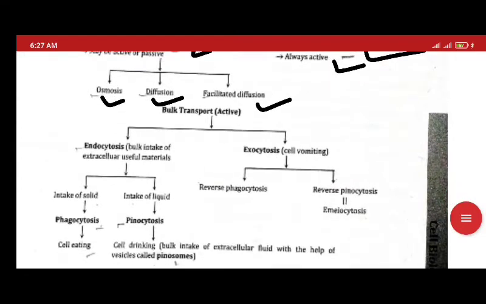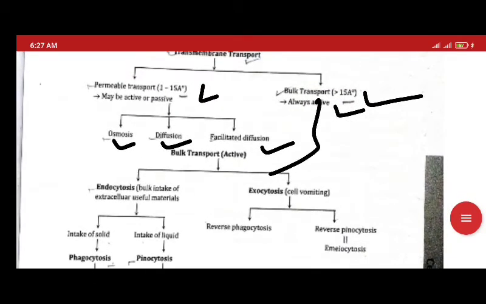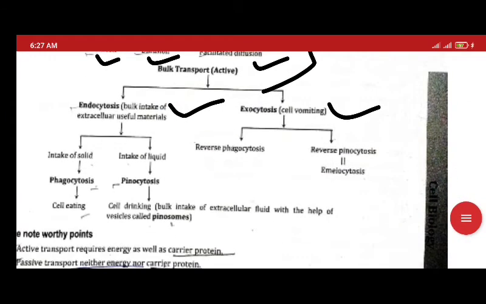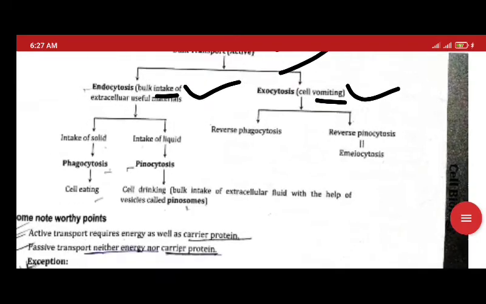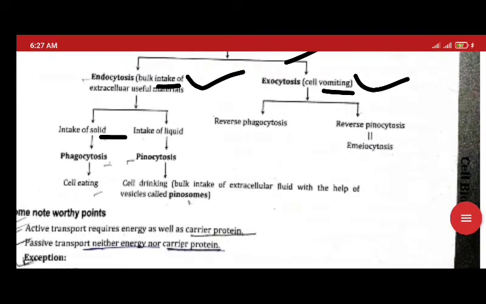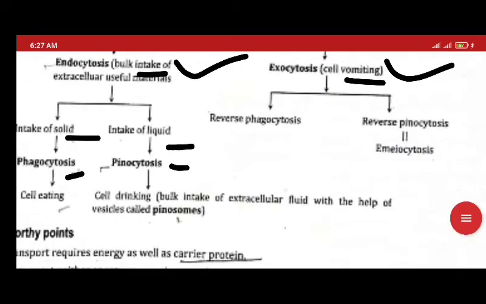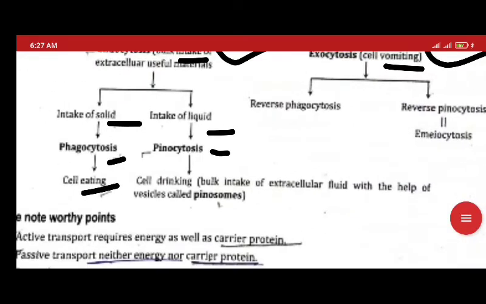Now bulk transport is active and contains endocytosis and exocytosis. Endocytosis is mainly for intake, and exocytosis is for throwing out. Endocytosis involves intake of solids and liquids. Solid intake is phagocytosis, called cell eating, and pinocytosis is for liquid, called cell drinking.